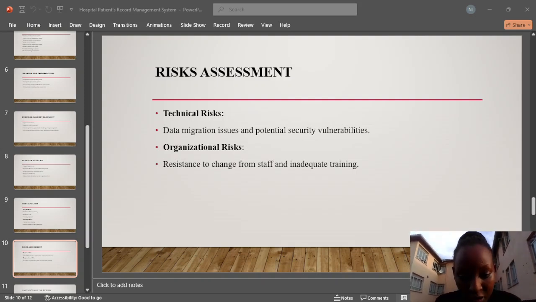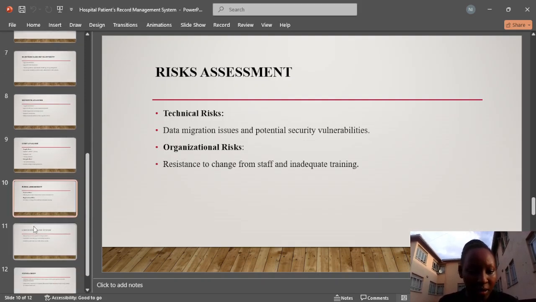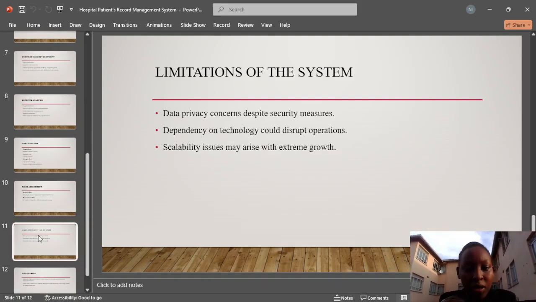Then the organizational risks. One of them is resistance to change from staff accustomed to the existing processes. Another is inadequate training leading to improper usage of the system. You can also add other risks, like compliance with regulatory requirements. After the risk assessment, then the limitations.